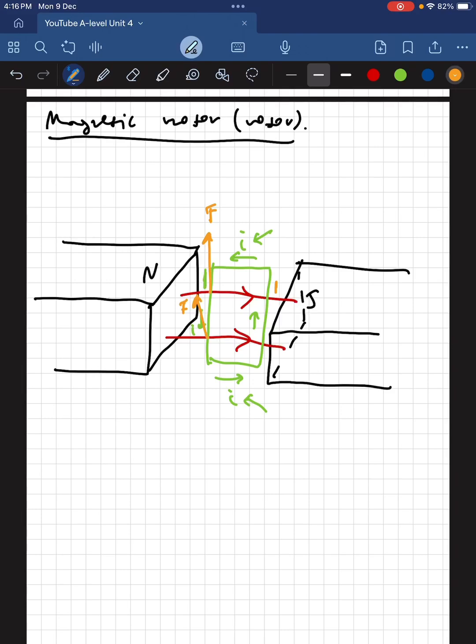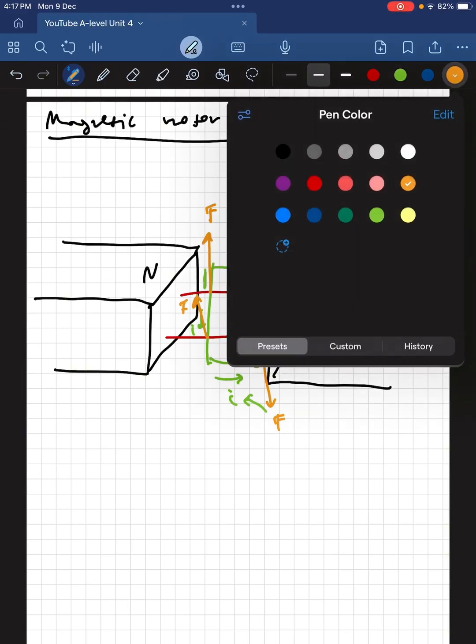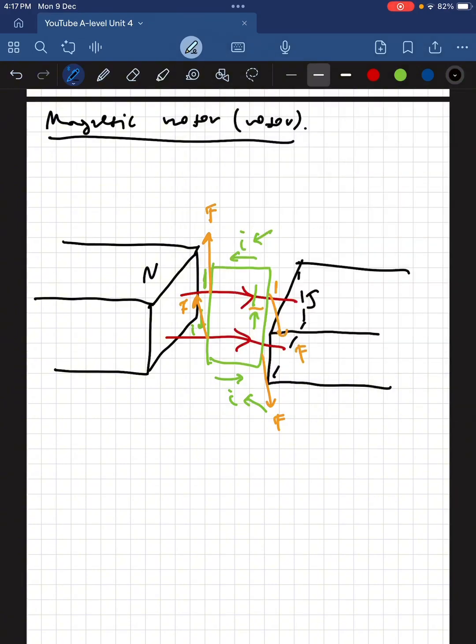So again, we can use Fleming's rule. So we have B in this direction, we get I that points up, right? So I points in this direction, so the force is gonna point down. I'm sorry, this might be confusing, but the idea is that we have a pair of forces which create a torque, right?